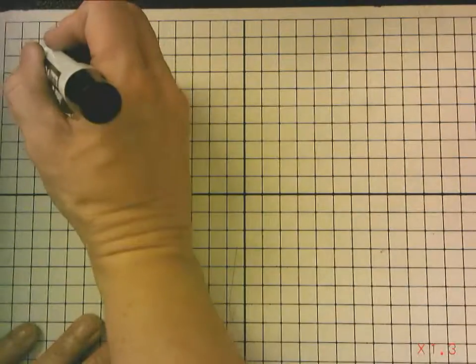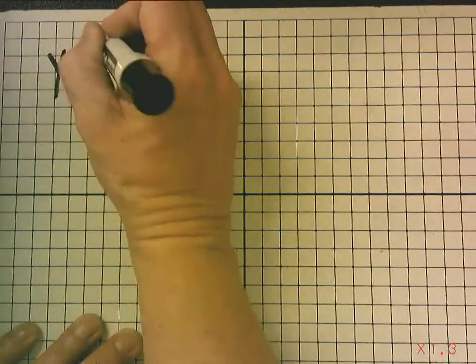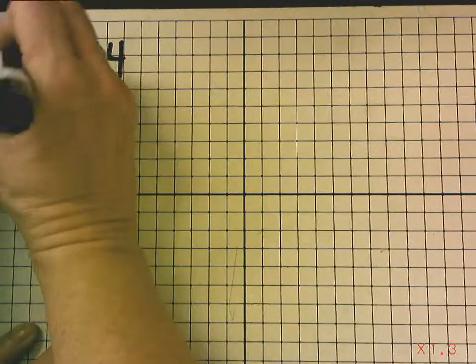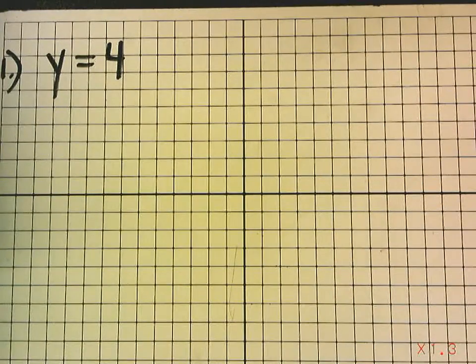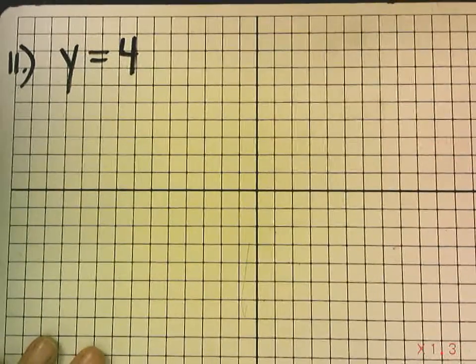So now, let's look at page 39, and let's look at some of the special cases. We have y equals 4 for number 11. This is what we call a HOY.